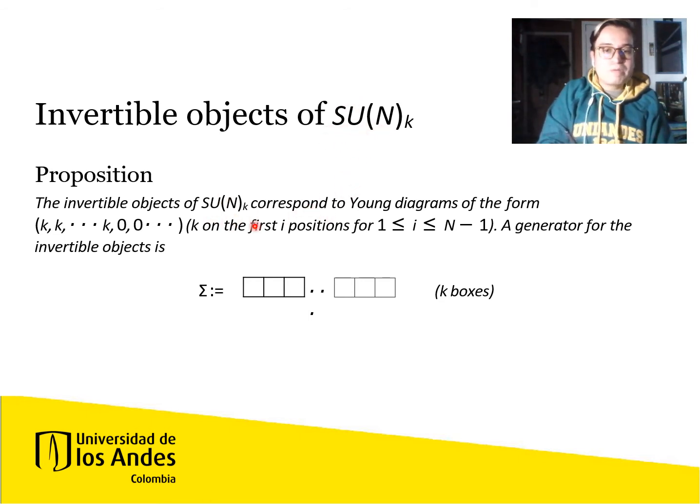The invertible objects of SU(N) level K, in terms of Young diagrams, correspond to diagrams which have K boxes in each row. So we will have a generator for the group of invertible objects that corresponds to the Young diagram of one row and K boxes. I will denote this object by sigma.